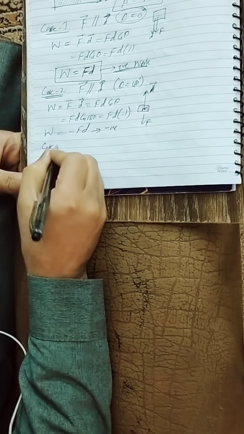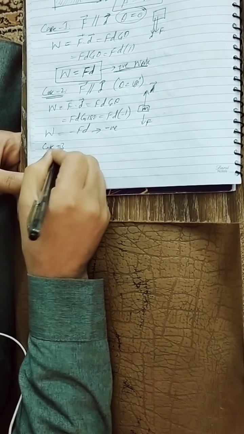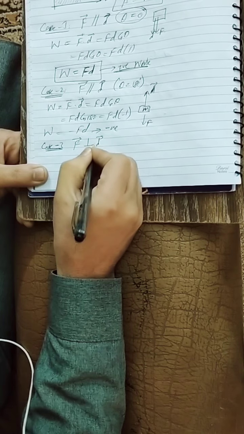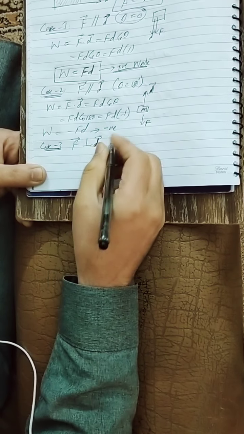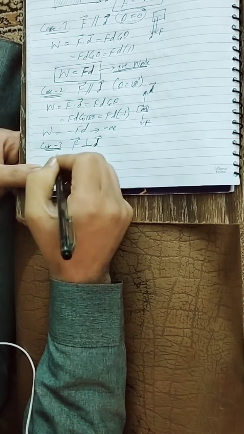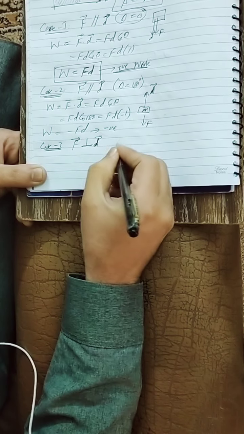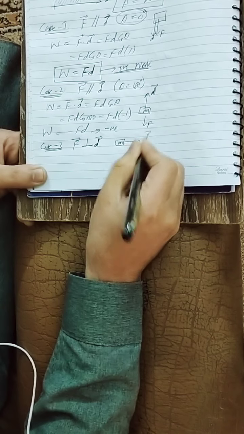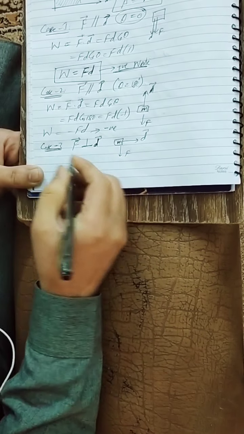Now case number 3. Case number 3 says that force and displacement are perpendicular to one another. Suppose the mass is moving towards the right and the force of gravity is acting down.